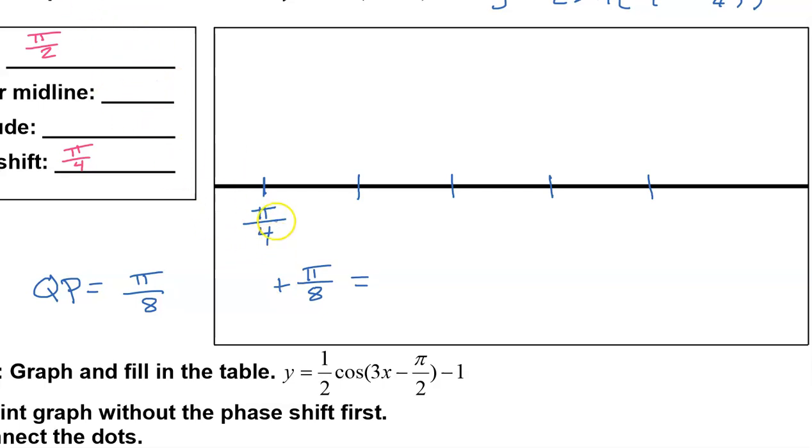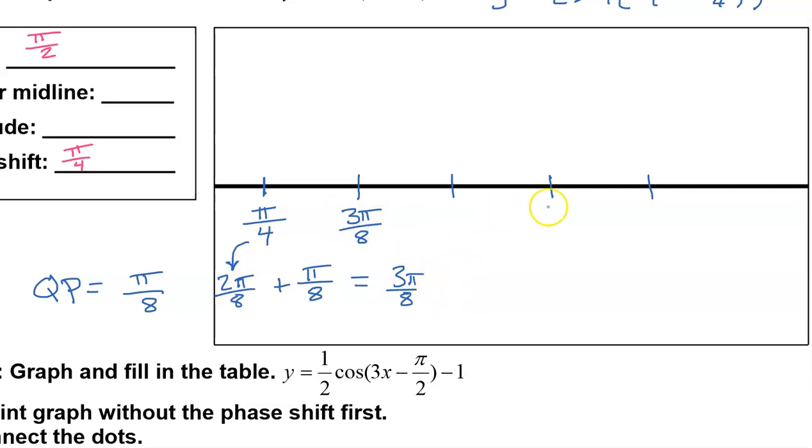So this pi over 4 is the same thing as 2 pi over 8. So if I add pi over 8, that's going to give me 3 pi over 8. So that's going to be the next mark on my number line. Okay, a quarter period later, I have 3 pi over 8.